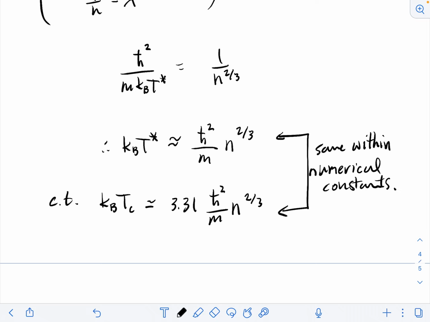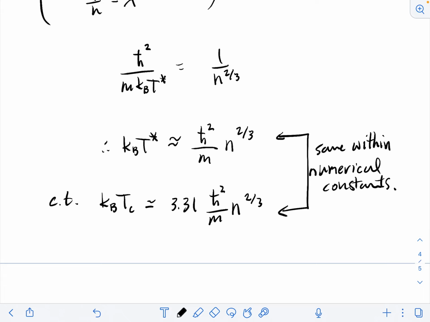So now we have two views of Bose-Einstein condensation. In the last video, what we did is we tried to find the temperature at which we could ignore the chemical potential, and then we could come up with a simpler approximation of the number of particles in excited states.